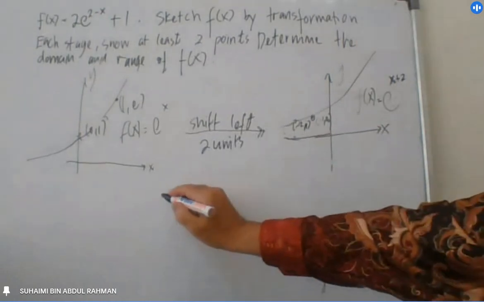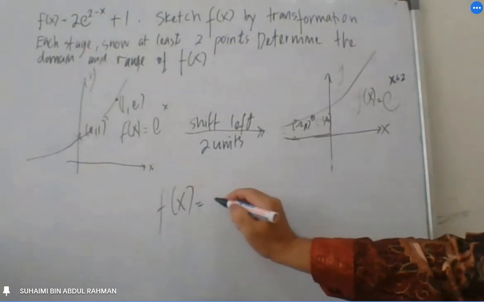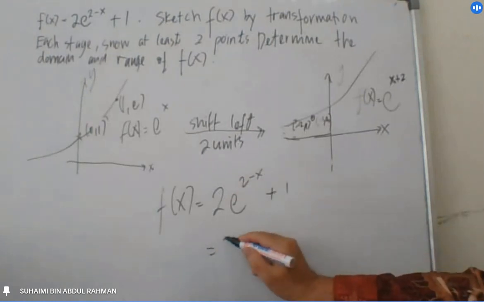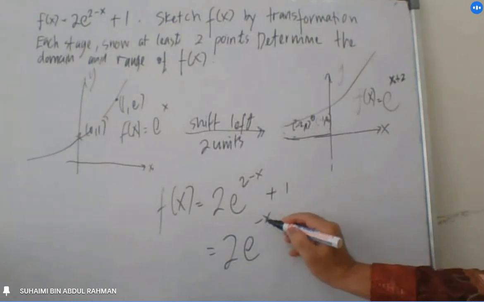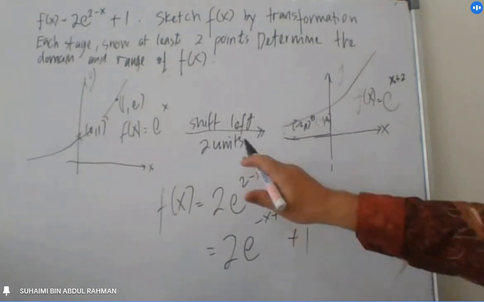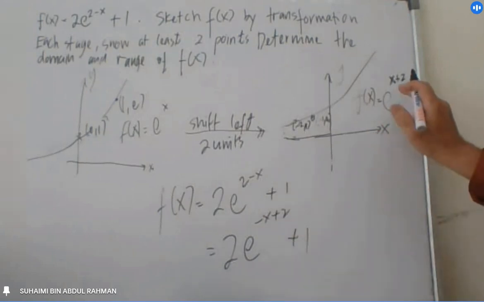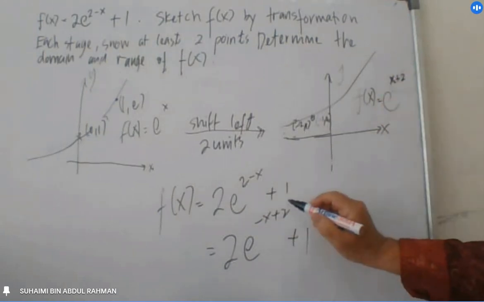Remember that our function 2e to the power of 2 minus x plus 1 can also be written as 2e to the power of minus x plus 2, same. So at this stage, we make x plus 2.